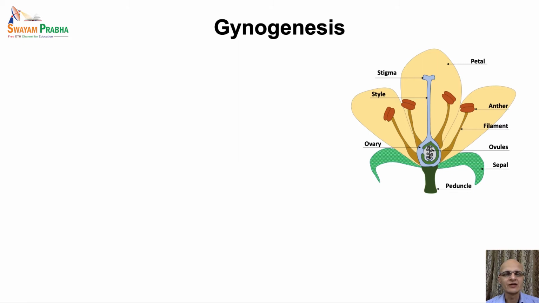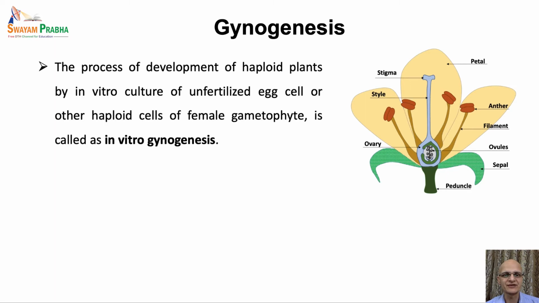Similarly, gynogenesis is associated with the culture of haploid tissue from the female gametophyte. The process of development of haploid plants by in vitro culture of unfertilized egg cell or any other haploid cell from the female gametophyte is called in vitro gynogenesis.